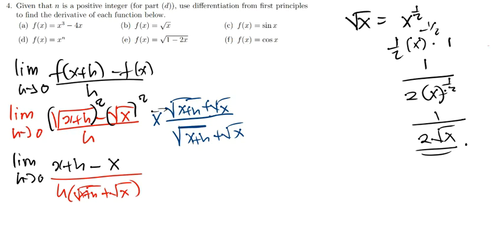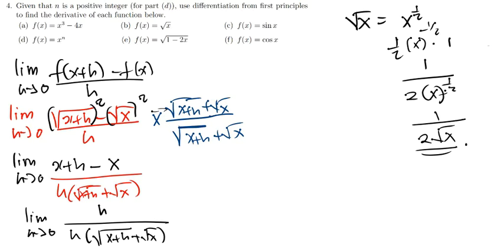Now at this point, what I want us to know is the top part here, we can basically cancel x, because x minus x is 0. So I'll remain with h only. Limit as h approaches 0, I'm going to have h divided by h, open brackets, I'll have root of x plus h plus root of x.